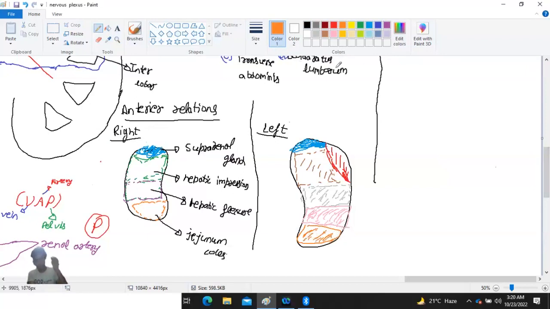Then we write, this is the suprarenal gland.